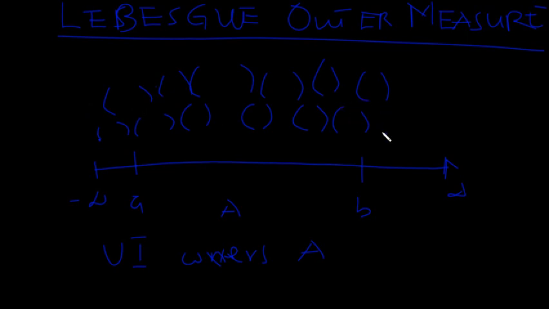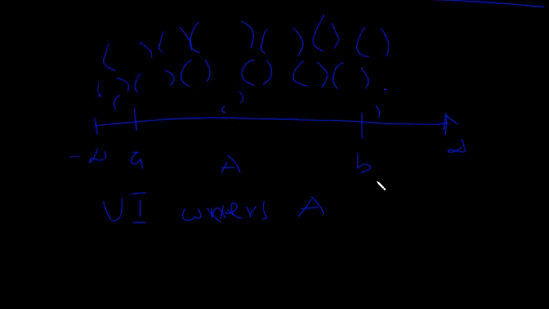Somebody can also choose an interval of say just from here to here, and another interval from say here to here, and you can still see that these 2 intervals are covering A. So there are so many collections of intervals which can cover A. I can pick 2 and they will cover A. Somebody can pick 10 and they will cover A. Somebody can pick a whole lot of intervals which will cover this A. So you have to pick so many intervals such that the union covers A.